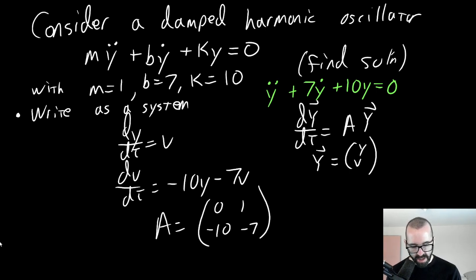So let's use this system now. Actually, we'll start with some qualitative analysis before we actually solve this system, because we know how to solve this system now. We'll just find the eigenvectors and the eigenvalues for this matrix. Let's pause and do some qualitative analysis.